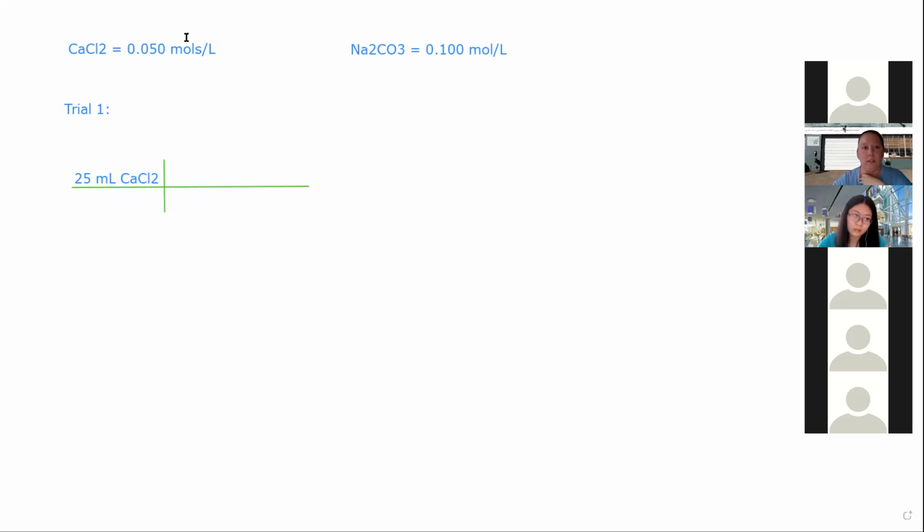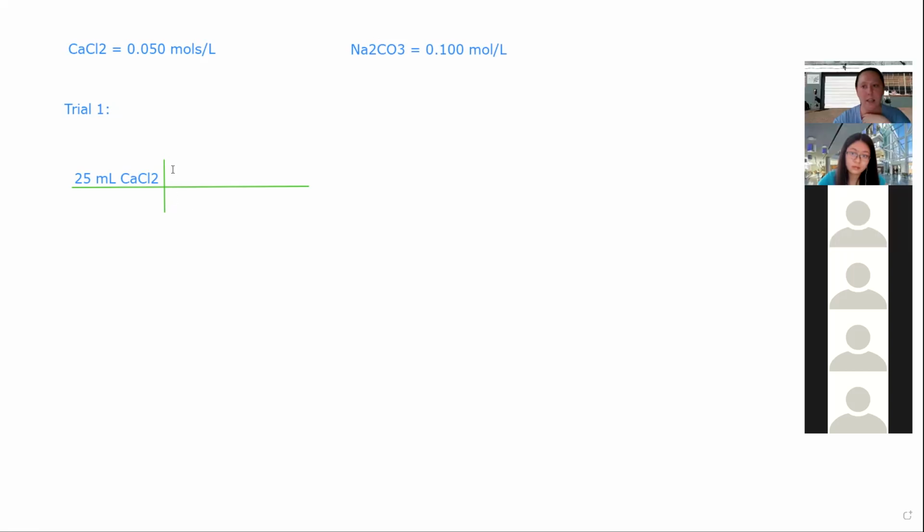Let's take a look at the units here. So the units of the concentration is in moles per liter, but we're starting with milliliters. So we first have to convert milliliters to liters. So the relationship between milliliters and liters is that for every 1 liter of anything, there are 1,000 milliliters. So that is going to be the first relationship that we need to figure out. Okay.